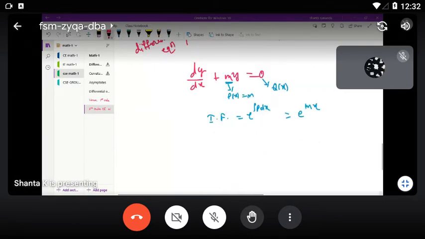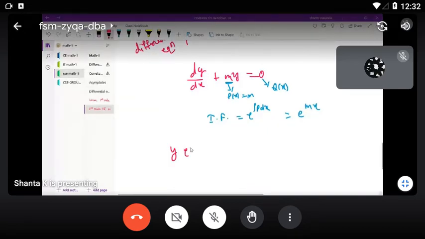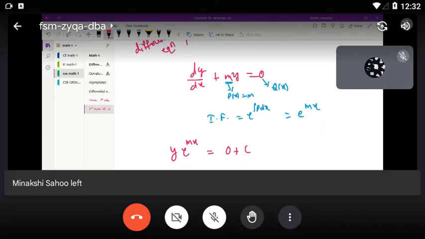Okay, let me give you this one. We used to do this, the integral of p dx. So for p dx we will put mx here. It doesn't matter. Since it's the constant of integration, we have mx here, and this one 0 plus c. Q is 0 here.